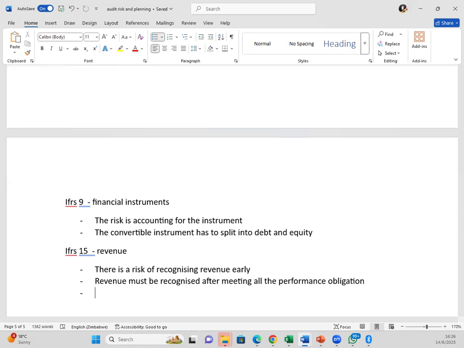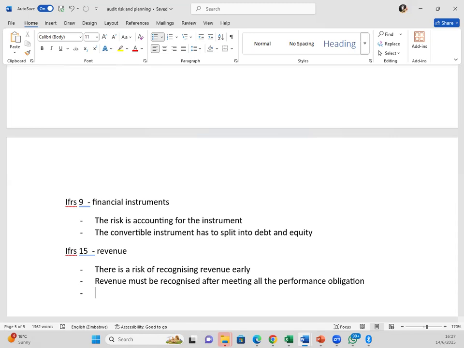And also, if customers make prepayments, there's also a risk of including prepayment in this year's accounts, because the prepayments should be matched with the revenue for their period, not this year. We can't include prepayments as revenues for this particular year. If our customers are paying in advance, we don't include that in the current year.